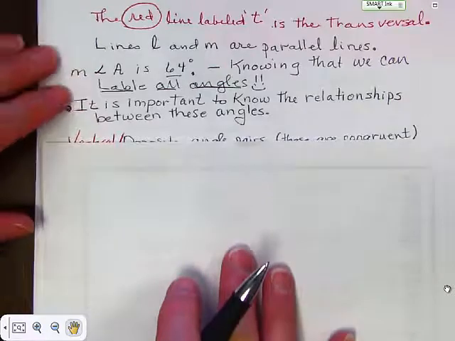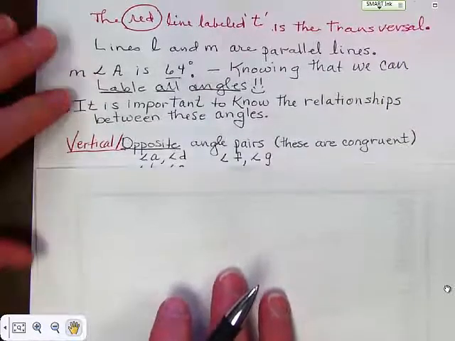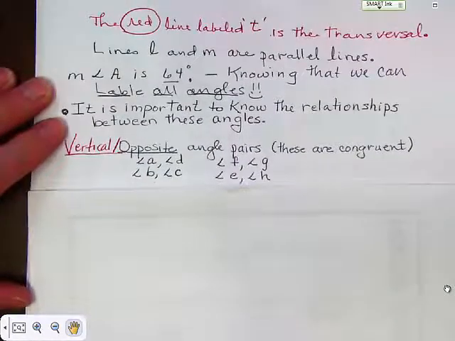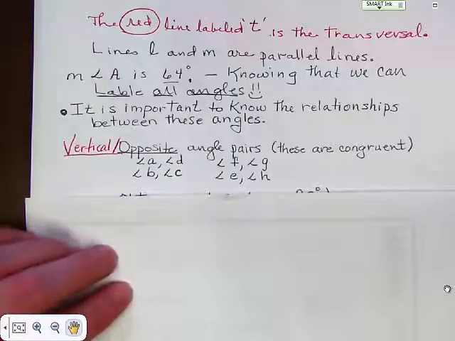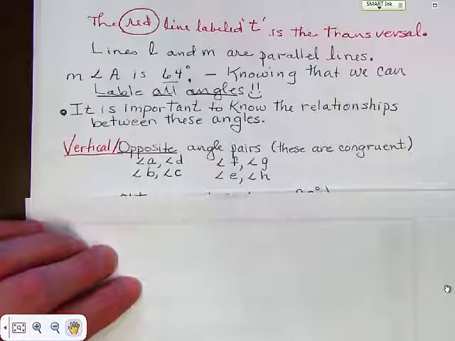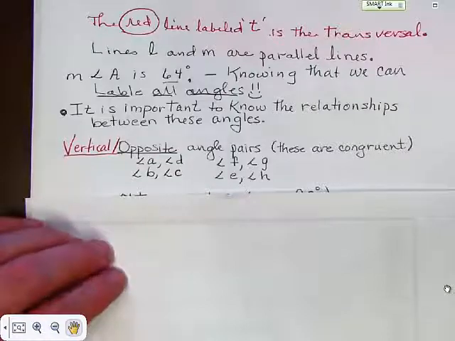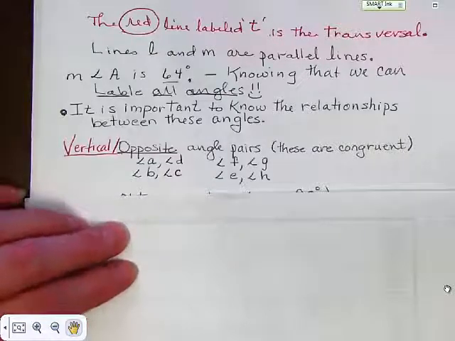It's important to know relationships between angles. You have vertical angles, or sometimes they call them opposite angles. These pairs are congruent. So our vertical angles are AD, BC, FG, and EH. Let's go back and look at them.